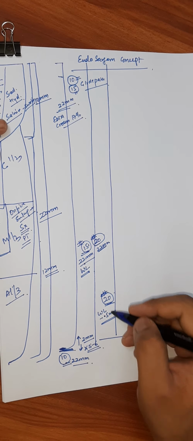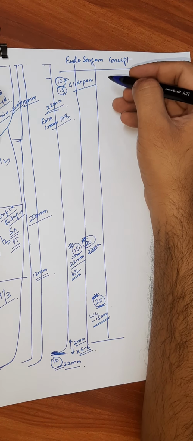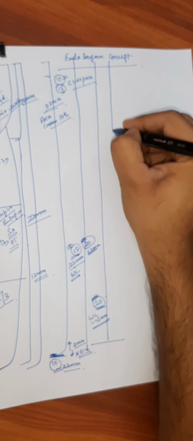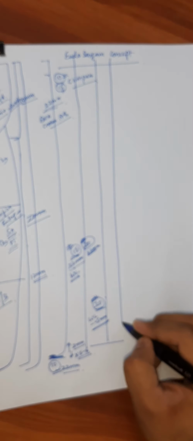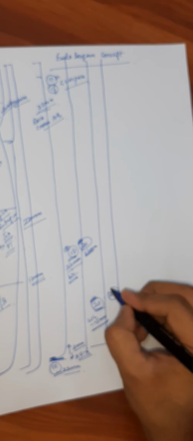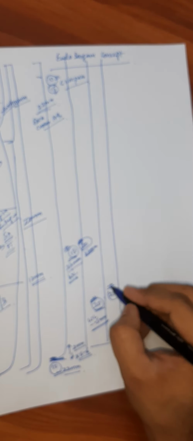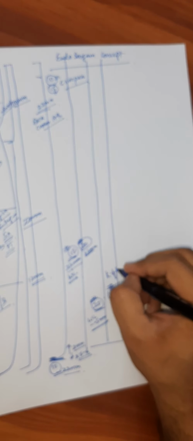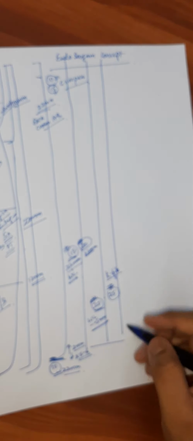Now I would prefer to use a 25 number K file. Remember, I am focusing more on K files. I am not using any rotary till now.